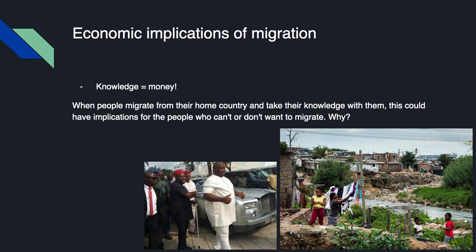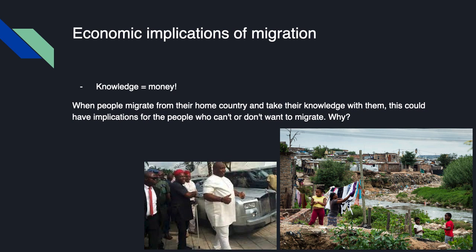The pictures show you South Africa, and on the left you can see a group of South Africans that became pretty rich. They're calling themselves the Black Diamonds, and they are really rich. You can see on this picture they're driving a Rolls-Royce, which is of course a very expensive car, and on the right you see the people who are actually staying behind and living in the poorest areas of, for example, Cape Town.